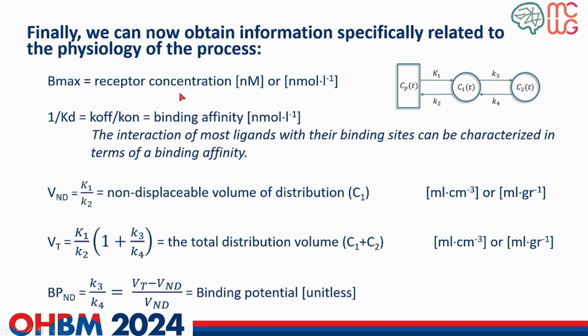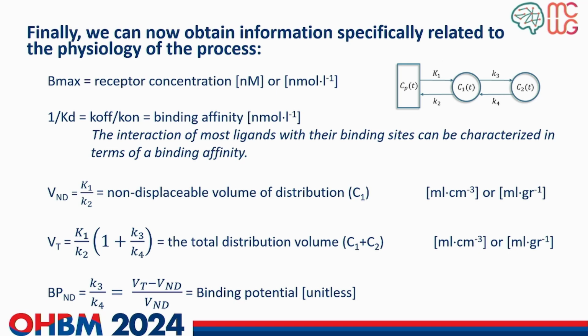I skipped this one, which is related more to the tracer than to the receptor system. VND, the non-displaceable volume, is the volume occupied by the tracer in the first compartment. Would you want a PET map in which each voxel represents a VND? It could be, yes, because due to the pathology it could be really interesting.